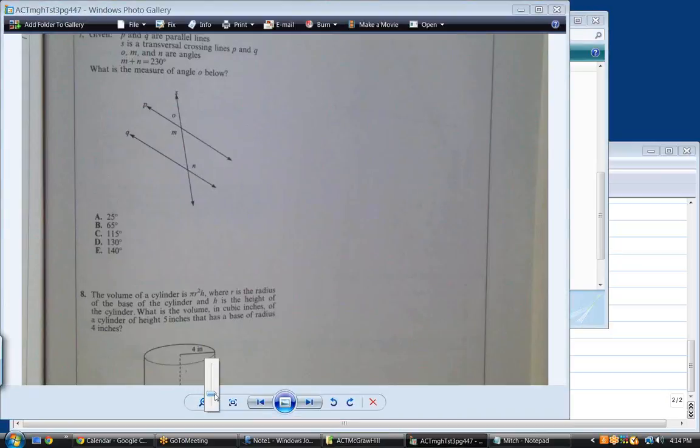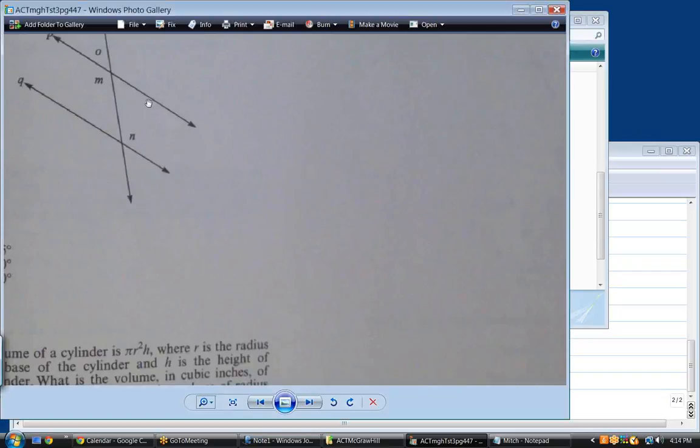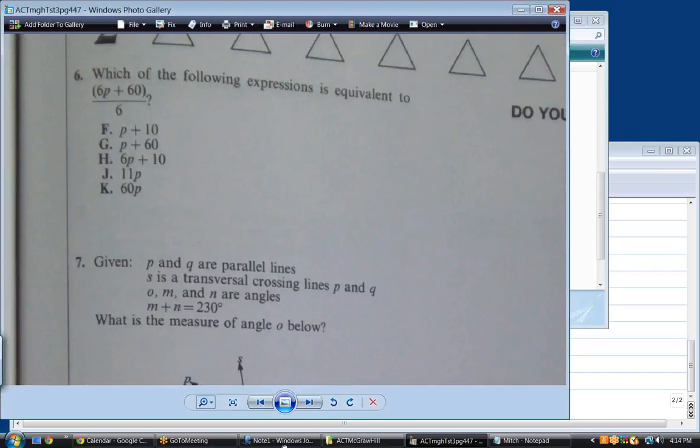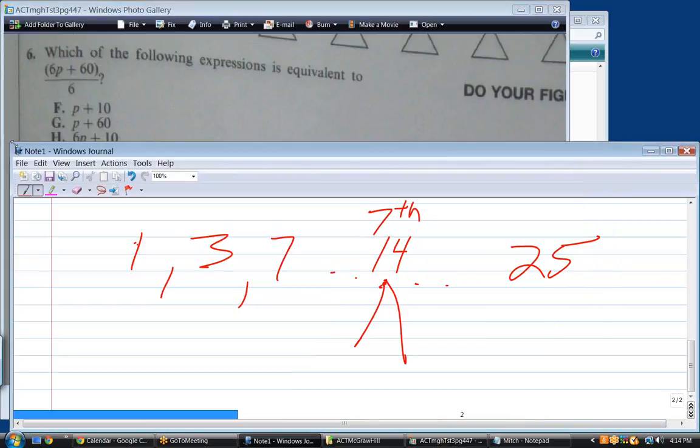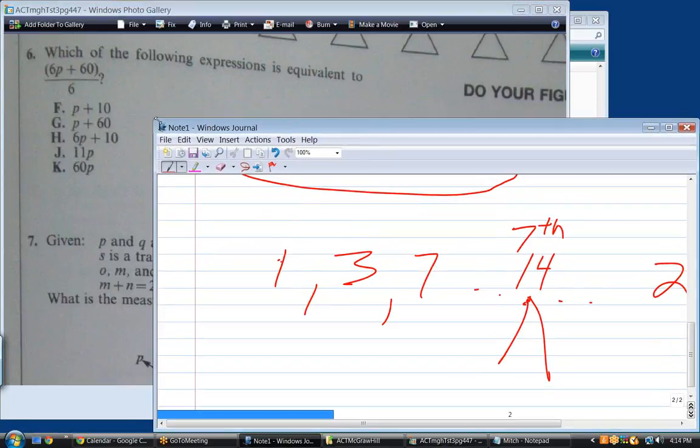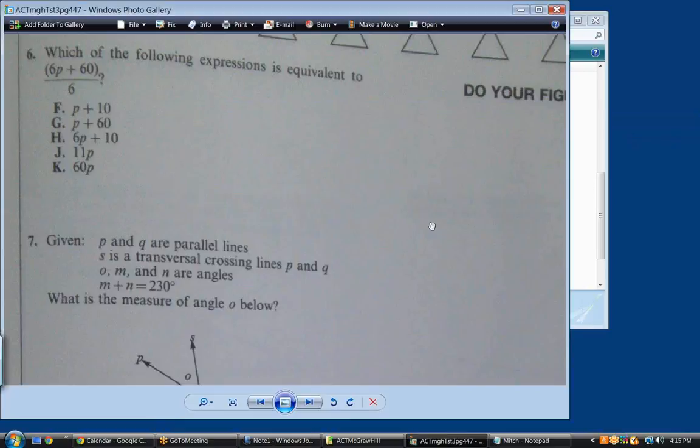You just had to be very careful, which is the case on most of these. It's all about attention to detail. Might not even need this. F. Good.